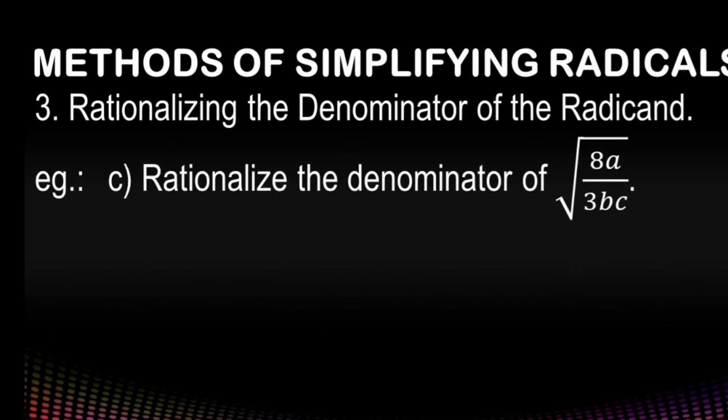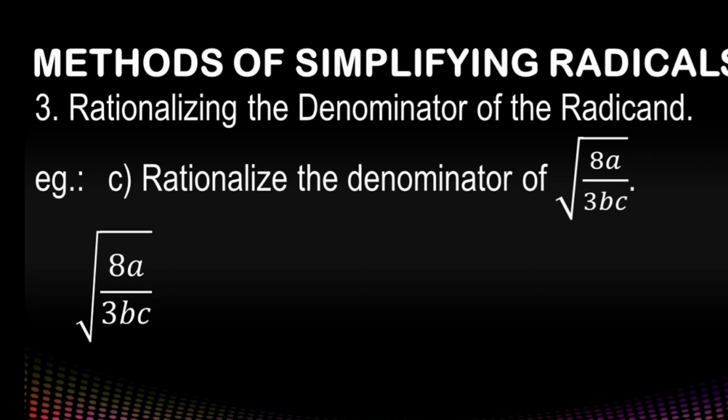Next example, rationalize the denominator of the square root of 8a over 3bc. What are we going to multiply to the numerator and denominator such that our denominator would become a perfect nth power?